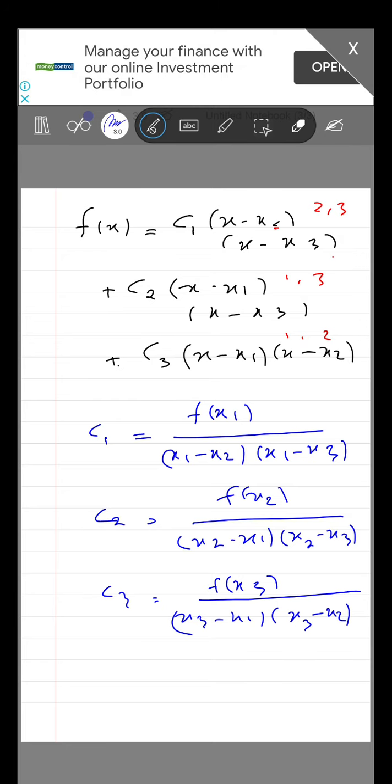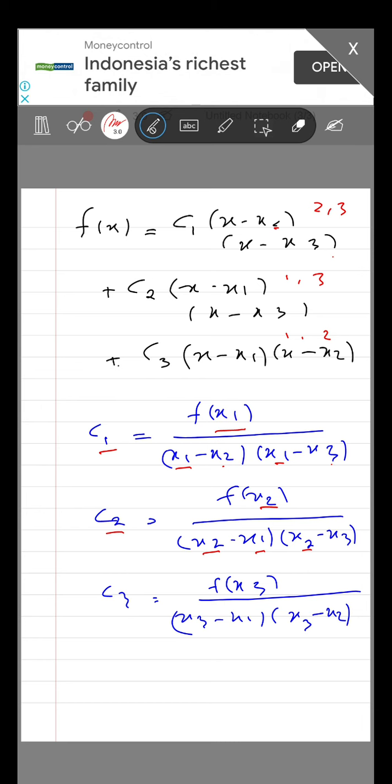So you can see the pattern here. If it is c1, it is x1, x1 minus x2, x1 minus x3; if it is c2, it's x2, x2 minus x1, x2 minus x3; and for 3, it is x3, x3 minus x1, x3 minus x2.